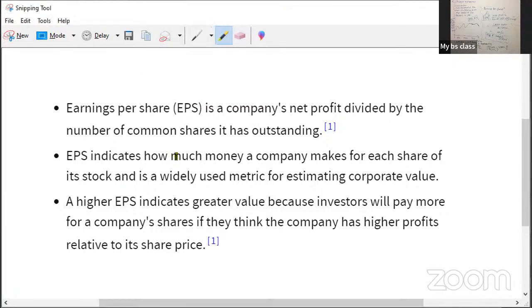EPS indicates how much money a company makes for each share of its stock and is widely used as a metric for estimating corporate value. So, the higher the EPS, the higher the value. High EPS indicates greater value because investors will pay more for company shares if they think the company has higher profits relative to its share price.